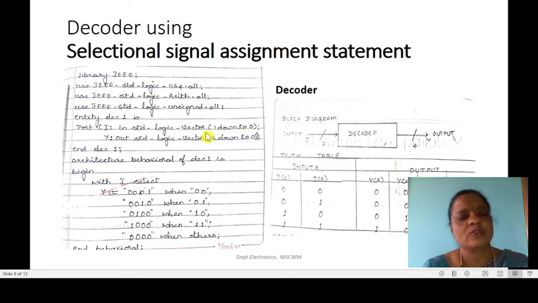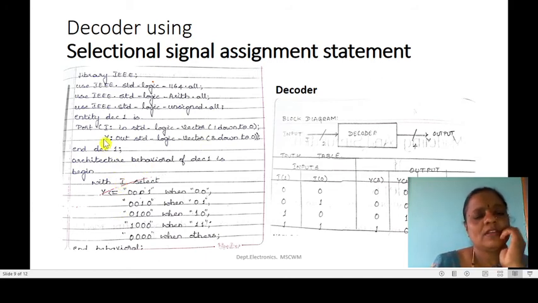Because 1 down to 0 means the first input is I of 0 and the second is I of 1. In the same way, 4 outputs are there: y of 0, y of 1, y of 2 and y of 3. This is your 2 inputs, and end decoder 1. Now let us move to the architecture part.